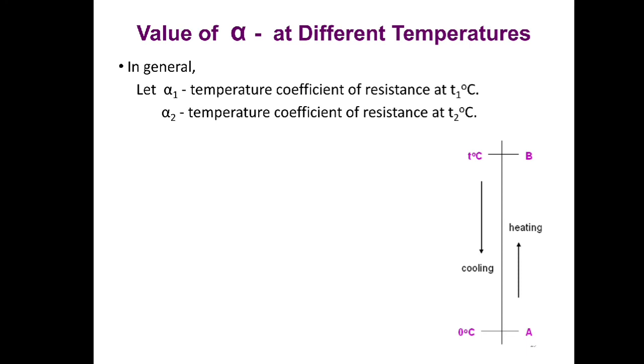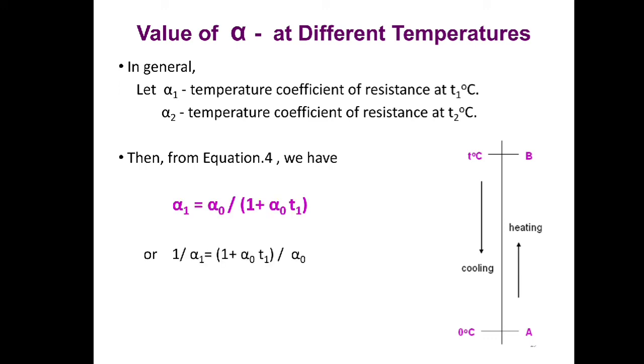So in general, we can make the expressions. Let us consider that alpha_1 is the temperature coefficient of resistance at T1 degree centigrade, and alpha_2 is the temperature coefficient of resistance at T2 degree centigrade.